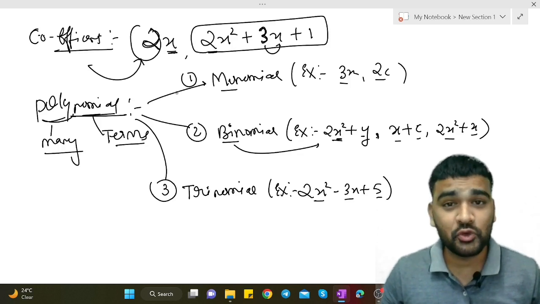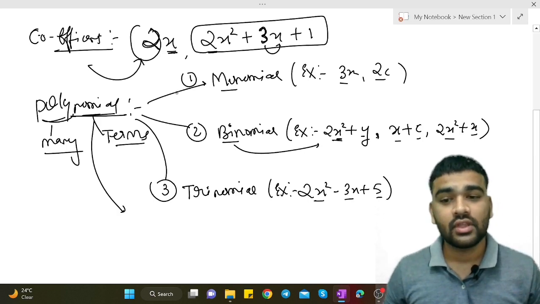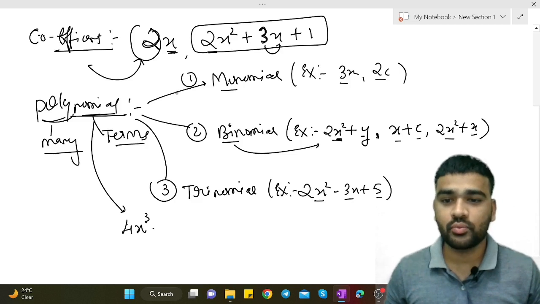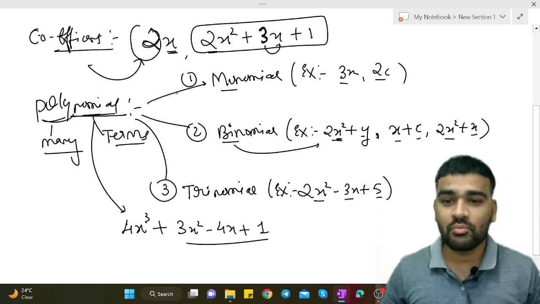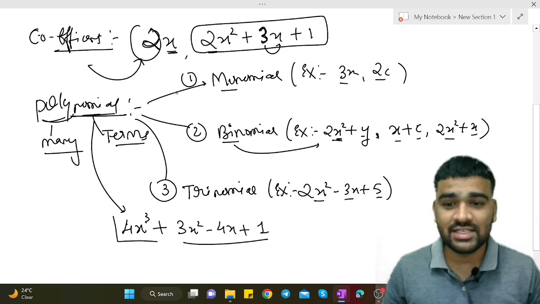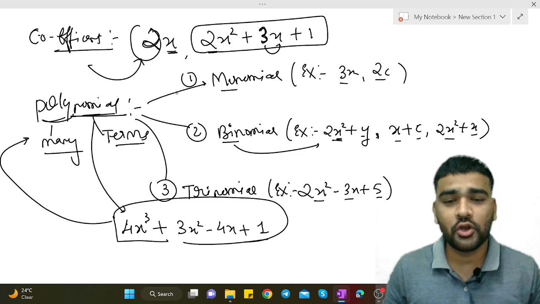And what if you have more than three terms? Let's say 4x cubed plus 3x squared minus 4x plus 1. Here you have more than three terms, so this is known as a polynomial.